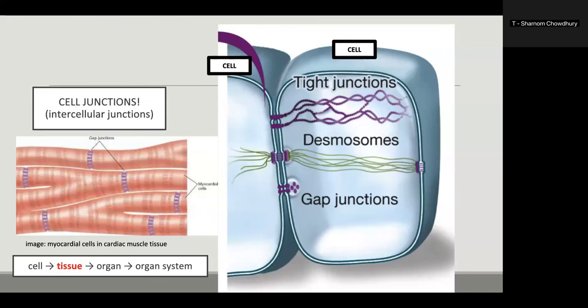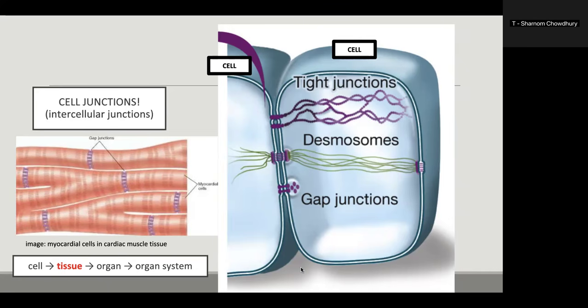So now we're going to talk about cell junctions. Cells form junctions among themselves in a tissue, and there are three main types of junctions: tight junctions, desmosomes, and gap junctions. Tight junctions are commonly found in epithelial cells, which are skin cells, and the plasma membrane between adjacent cells is extremely tightly linked together.